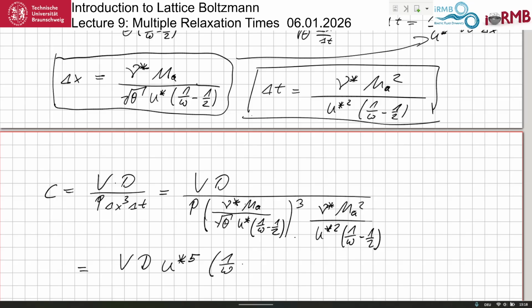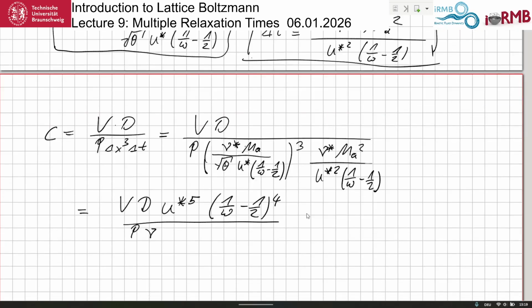So you see, we get our 1 over omega minus 1/2 to the fourth power, and this goes into divided by P. So here we actually have the viscosity to the fourth power, Mach number to the fifth power, and then we have this theta minus 3/3. So this is just a constant.